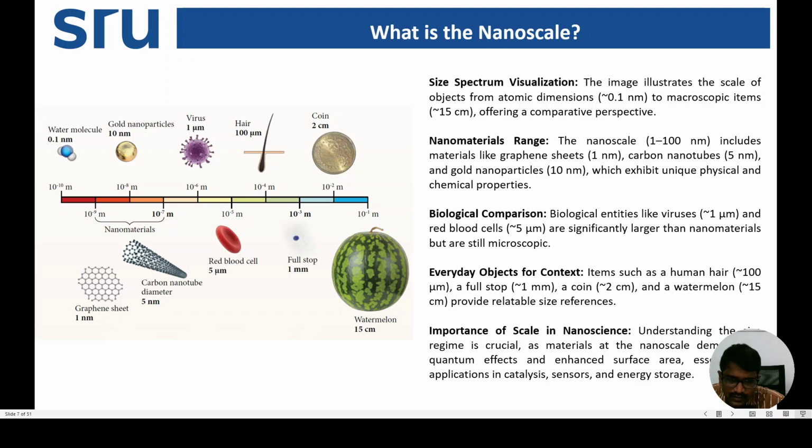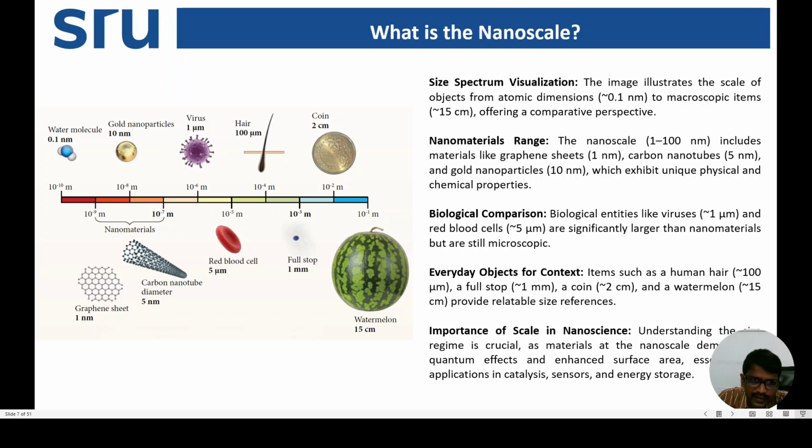The watermelon's diameter is a rough estimation, around 15 centimeters. If you take a coin, it is 2 centimeters. And a dot is about 1 millimeter.